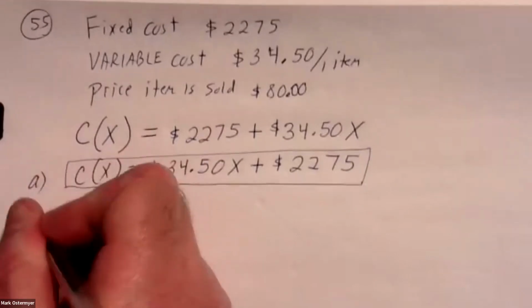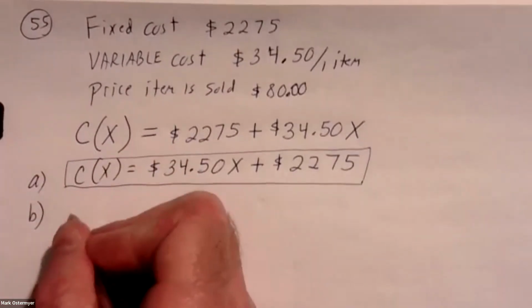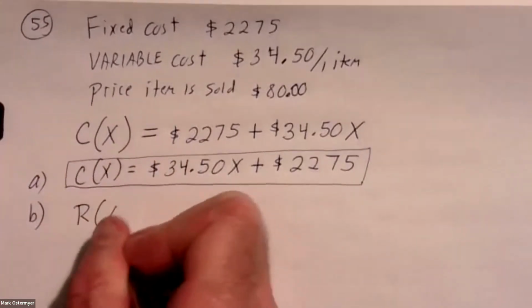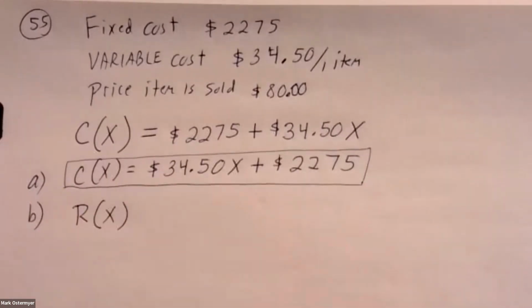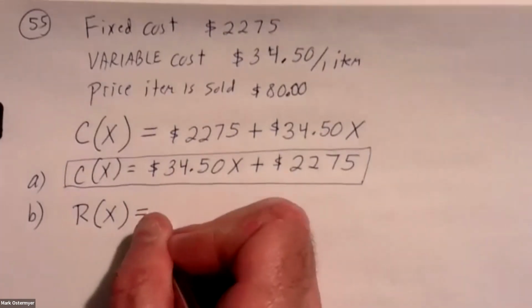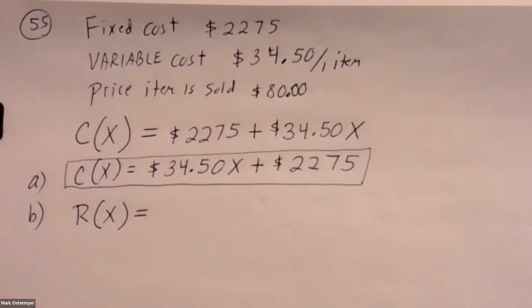That's your cost function. Now part B, they want a revenue function. Now cost is money we lay out. Revenue is money we bring in. Okay. So how much money are we going to bring in if we sell X of these items? Anybody? How much are we charging per item? How much revenue are we going to bring in for every item that we sell?